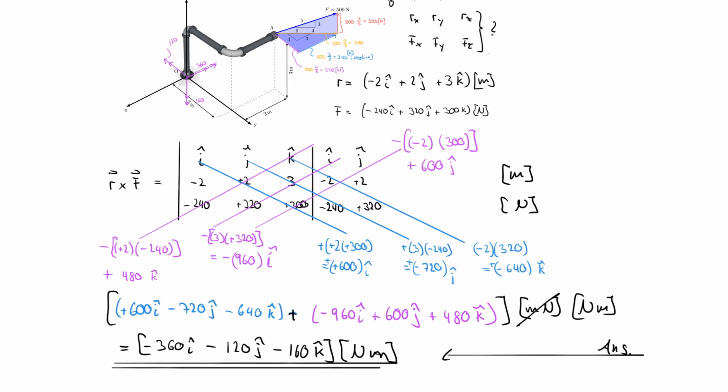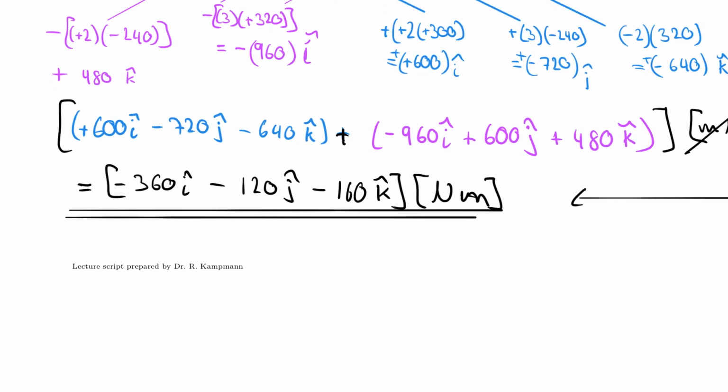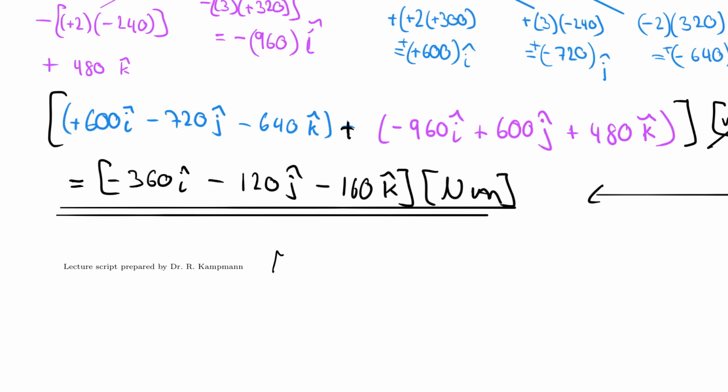and then also think strongly about how we actually get our moment magnitude, right? Which in this case is nothing else than 360 squared plus 120 squared plus 160 squared, and then square root it.